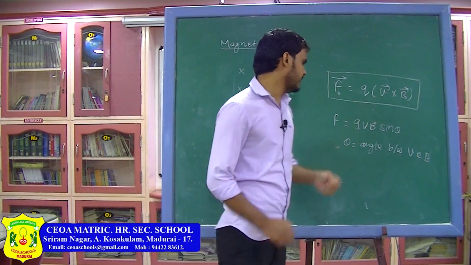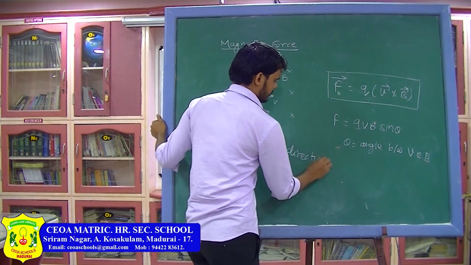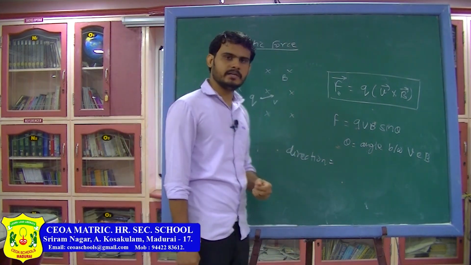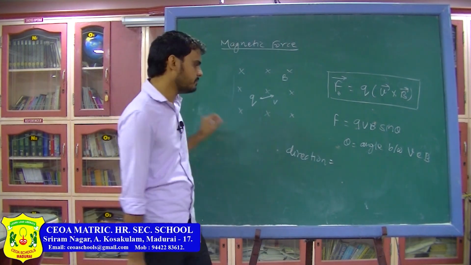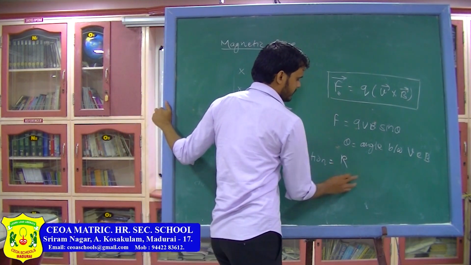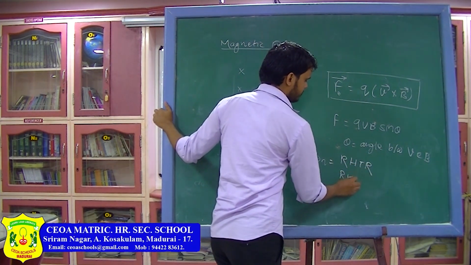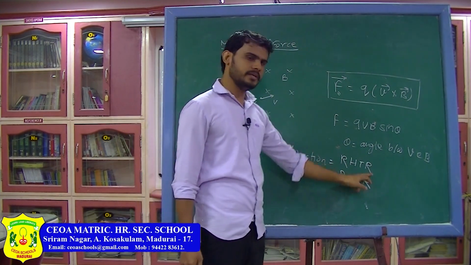Now how will you find the direction of the force? For the cross product direction you can use two rules. First is the right hand thumb rule, second one is the right hand palm rule. What do you do in the right hand thumb rule?